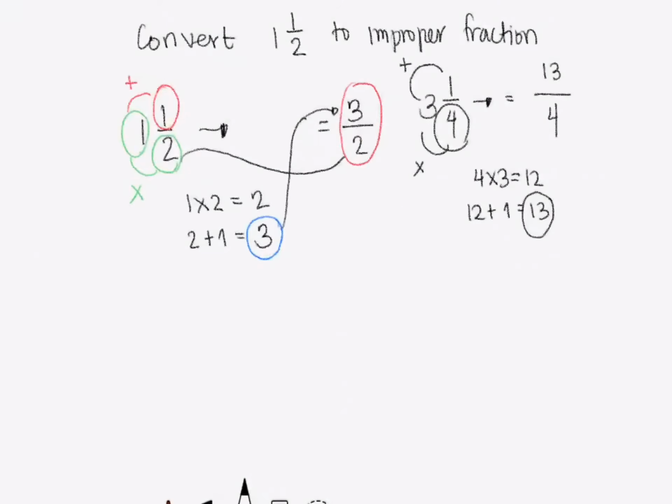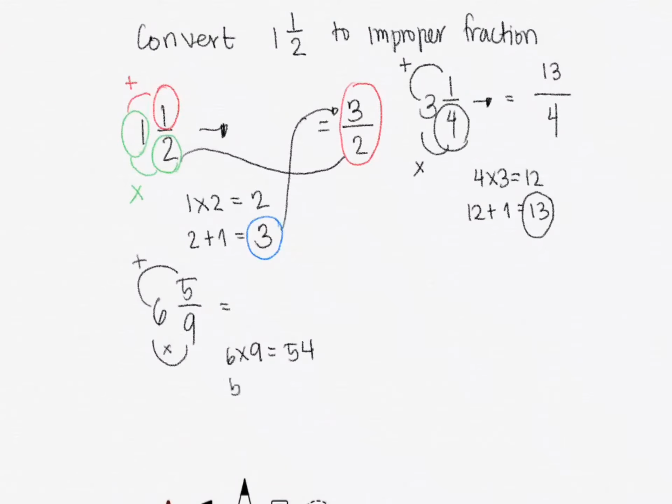One more example. 6 and 5/9. So again, let's multiply the denominator by the whole number. So 6 times 9 is 54. And then let's add the answer sa numerator.